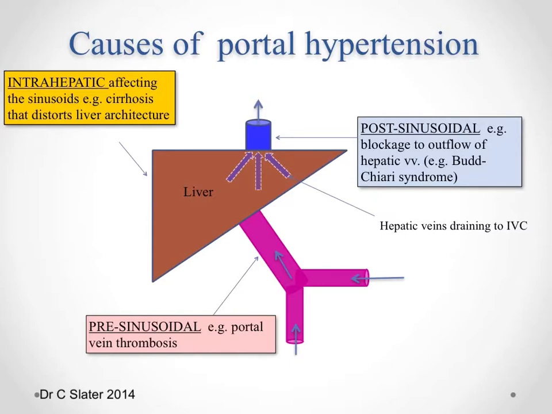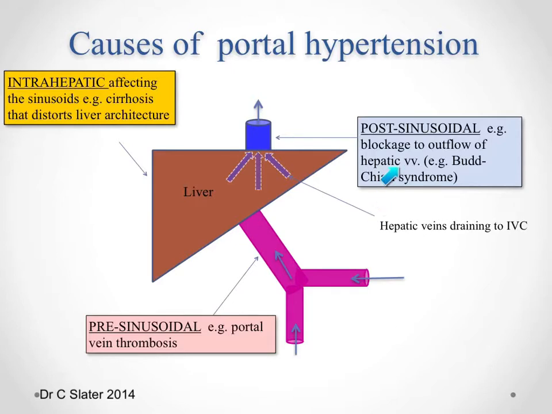And the resultant destruction of liver architecture impedes the flow of blood coming from the portal system, running through the liver sinusoids in order to exit through into the inferior vena cava, and that obstruction then results in increased pressure of blood in the portal system.